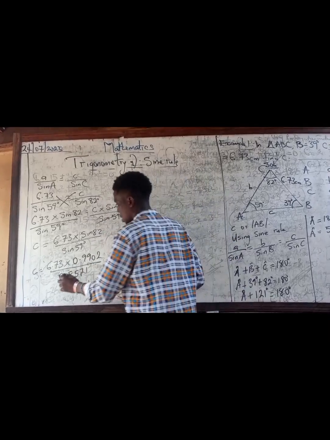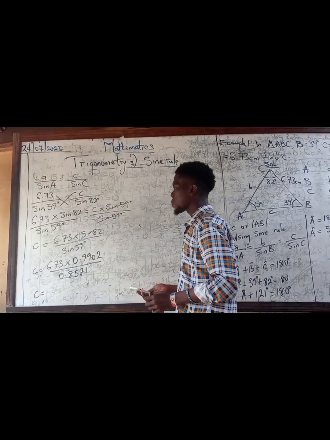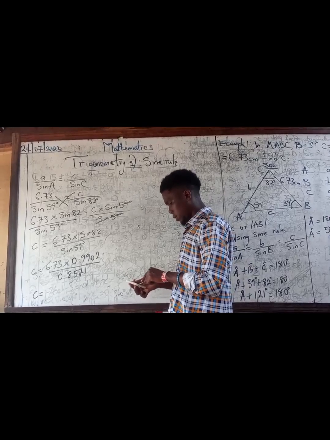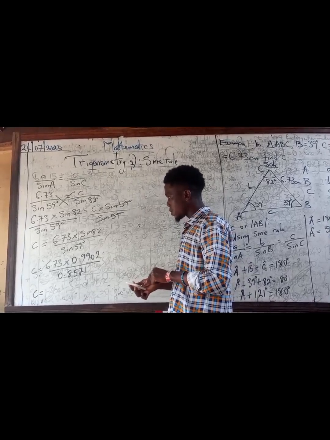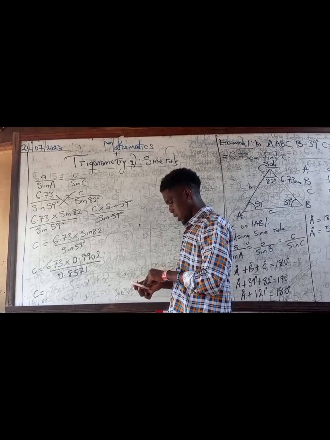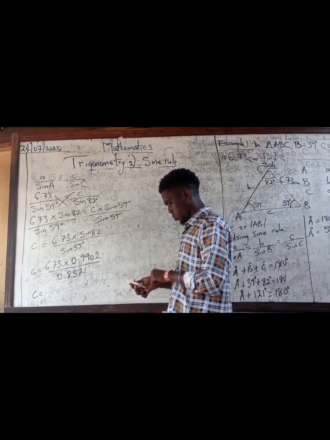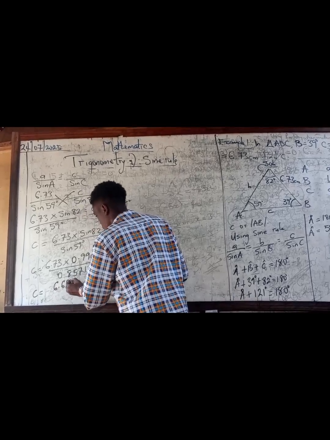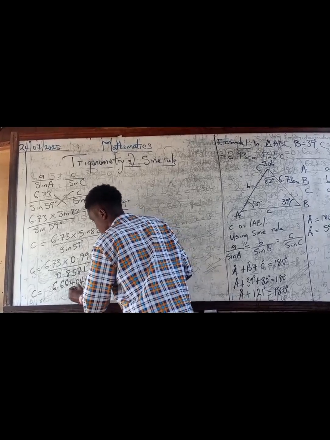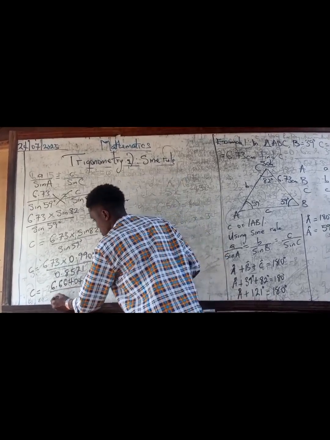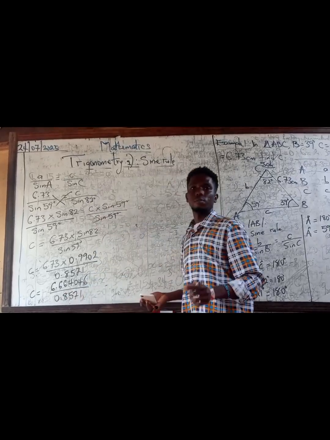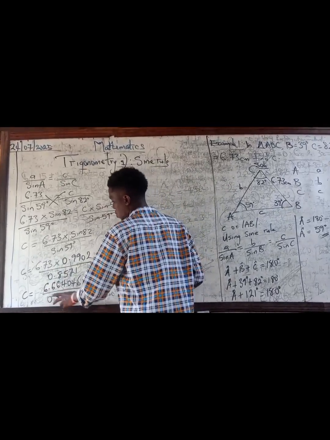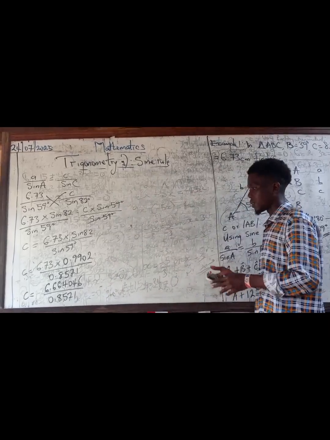So let's punch this. 6.73 times 0.9902 gives us 6.664046 over 0.8571. So let's punch that and see what we have as our answer.